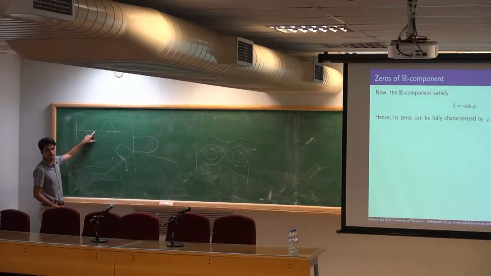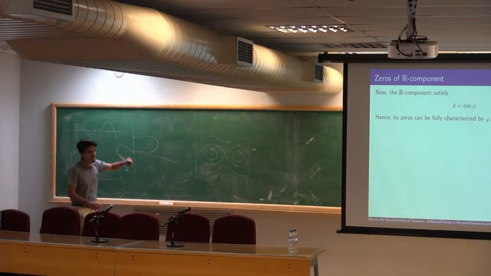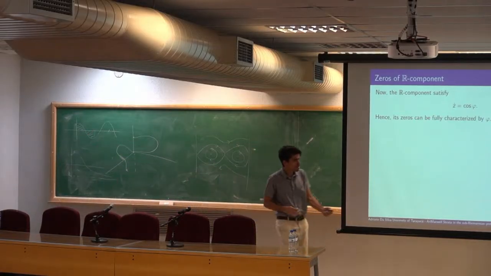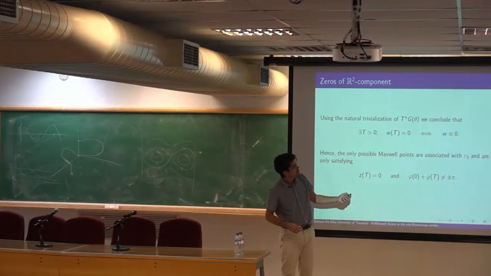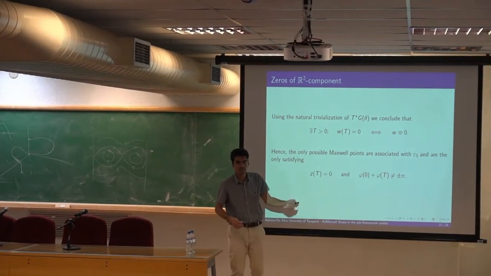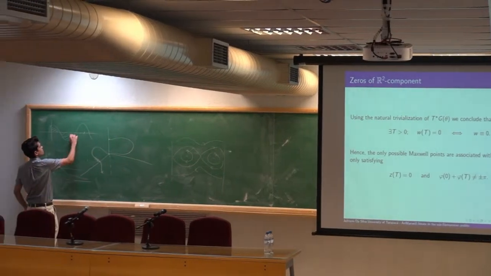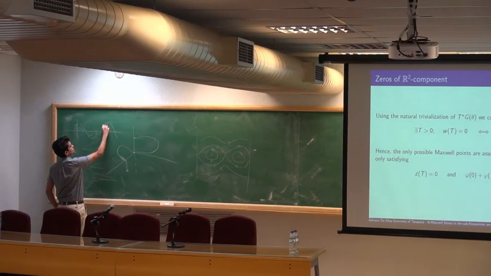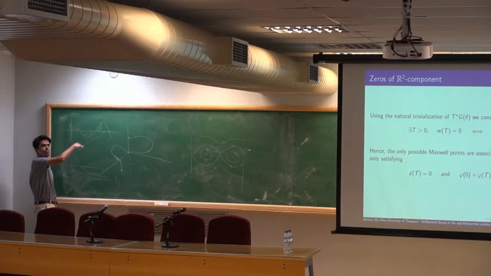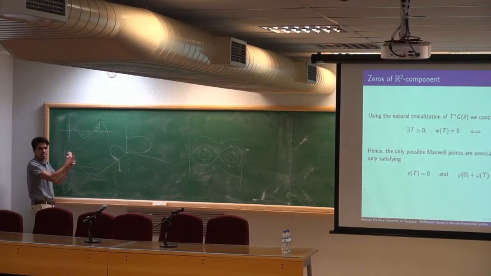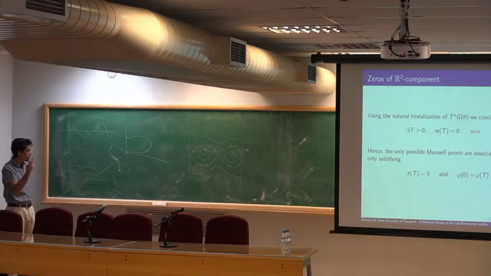Okay? And the point is that the first zero is precisely the one where this condition fails. So actually what you are looking for is where the second zero is. And the second zero is precisely 2 pi, the period of the function phi.